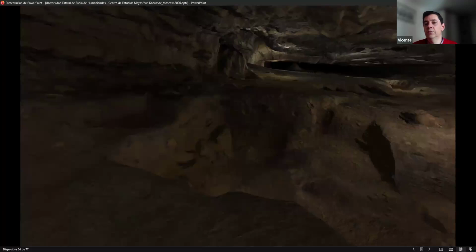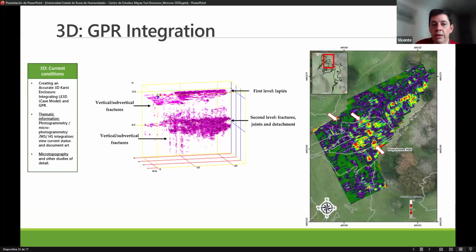We have laser scanner geometry, we have photogrammetry geometry, but if we need to know about the overlying thickness, we should integrate a GPR. GPR tells you how the overlying layer is. The overlying is the layers that are between the roof and the exterior, okay?